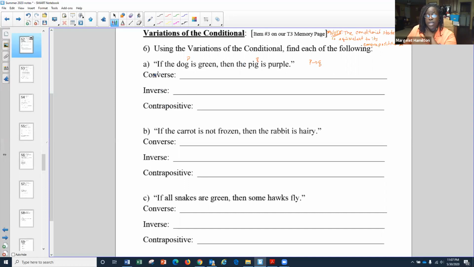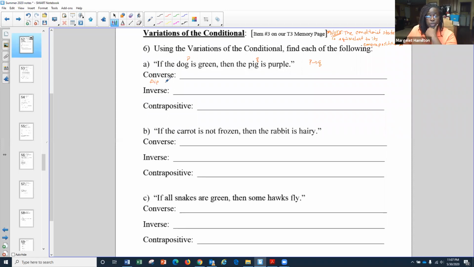Now remember, we just said the converse means that we're going to flip. Simply flip it around. Sometimes it helps to write the letters out first so you can see the order of the words.